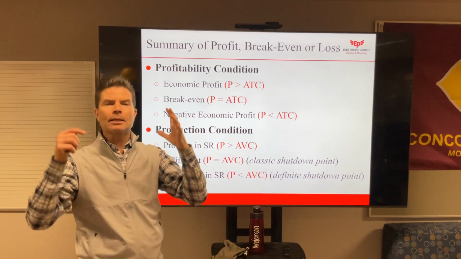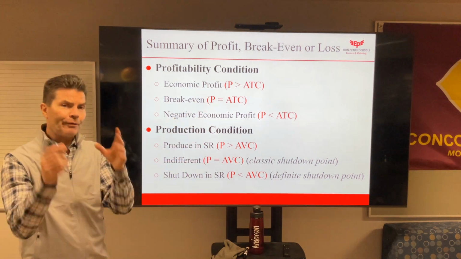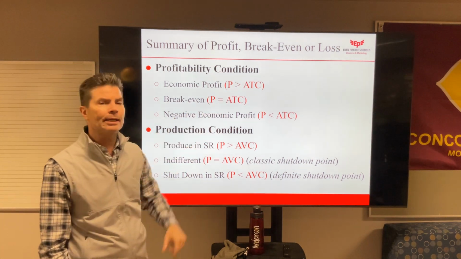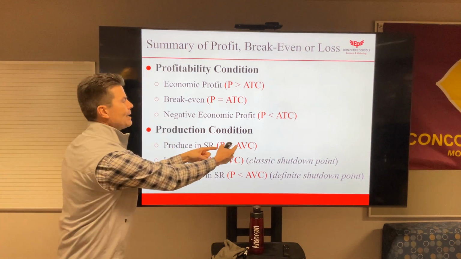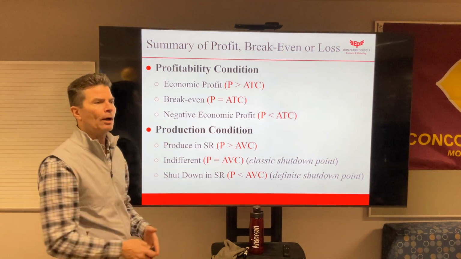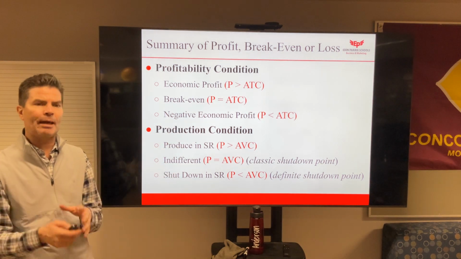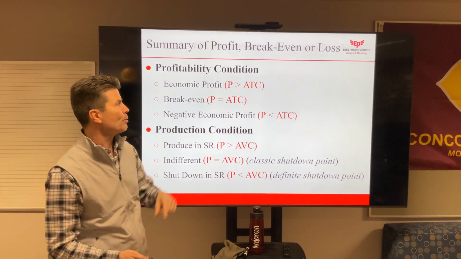So please highlight that, circle that, do something where you know to find profit, I have to compare price and ATC. But if I'm trying to answer, should I produce or not, that's the relationship between price and AVC. So at some point, you can certainly pause this so you can get this down in your notes to make sure that makes sense. Just make sure you're highlighting that price and ATC is profitable.